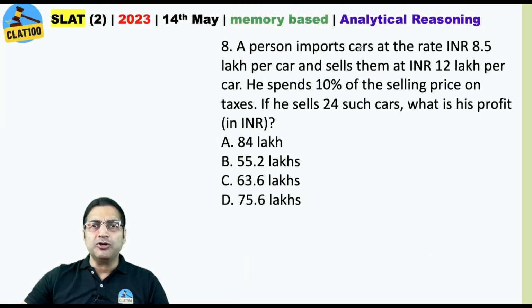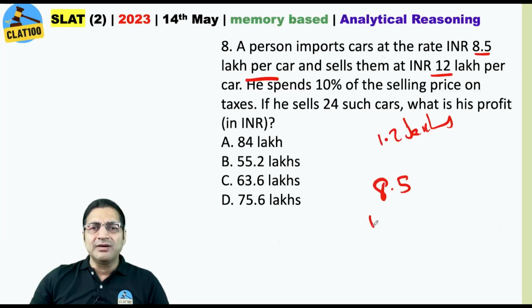A person imports cars at the rate 8.5 lakh per car and sells them at 12 lakh per car. He spends 10% of the selling price on taxes. 10% of 12 lakhs is 1.2 lakhs, right? So, his total cost is 8.5 plus 1.2, that is 9.7 lakhs.